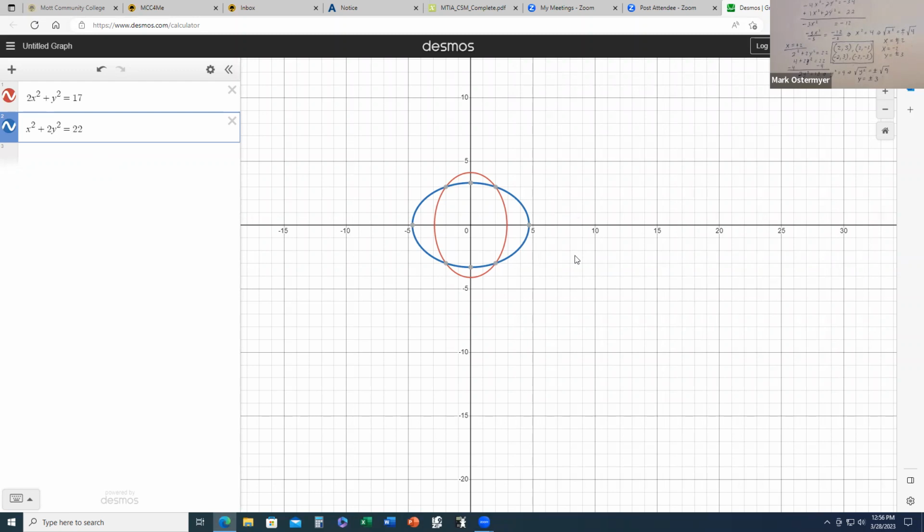Notice these two ellipses intersect at 4 points. And those 4 points of intersection are precisely the 4 ordered pair solutions that we generated by solving that system using the elimination method.